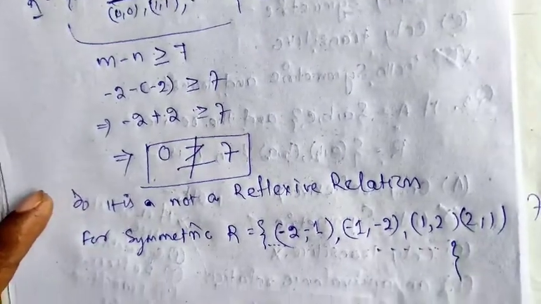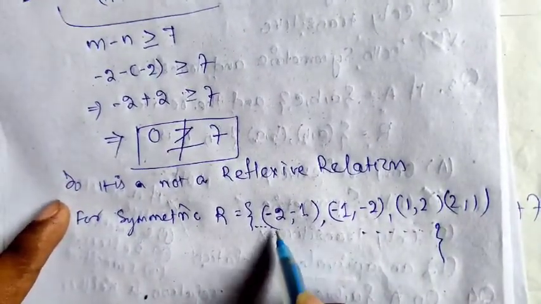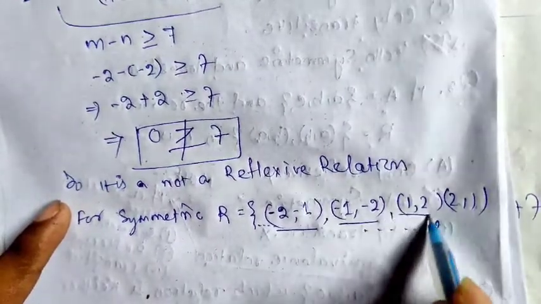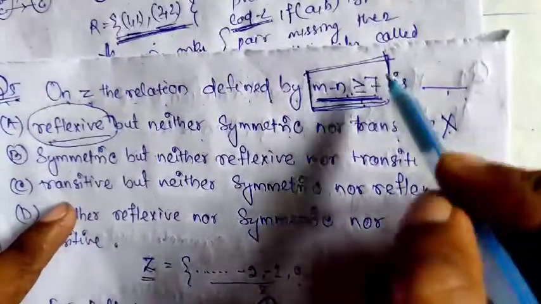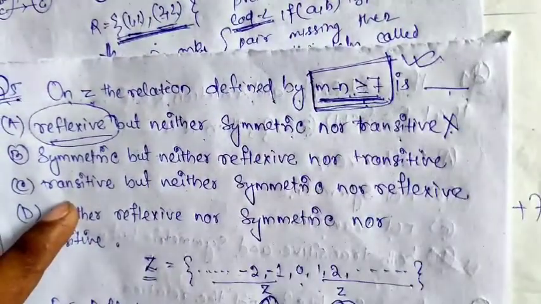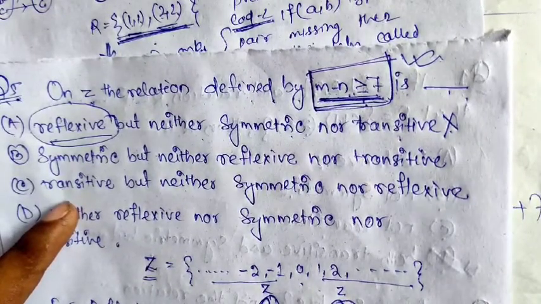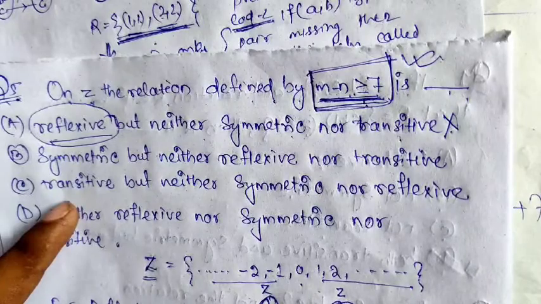Now we have to check whether all these ordered pairs satisfy this condition or not. If they satisfy it, then it is a symmetric relation.